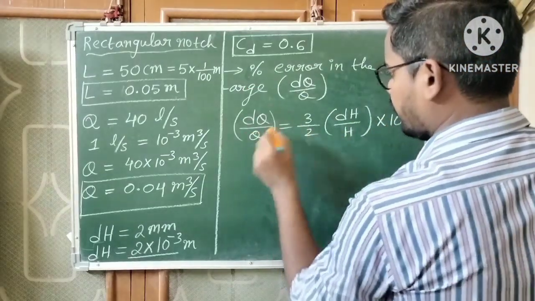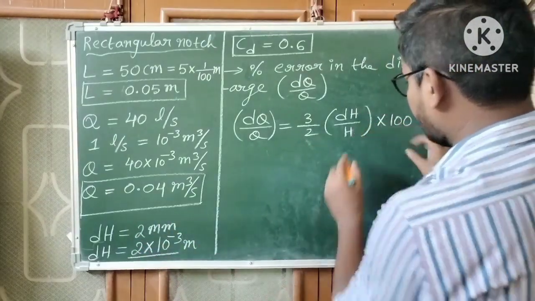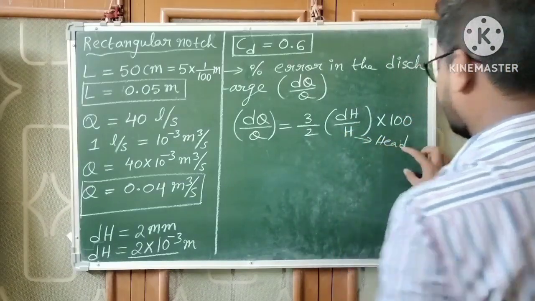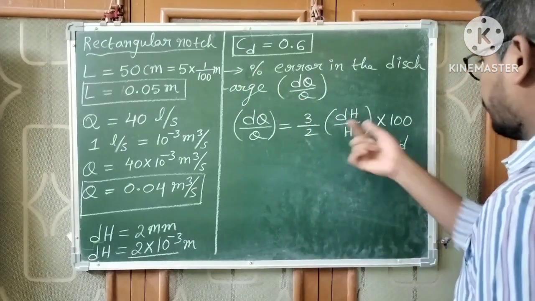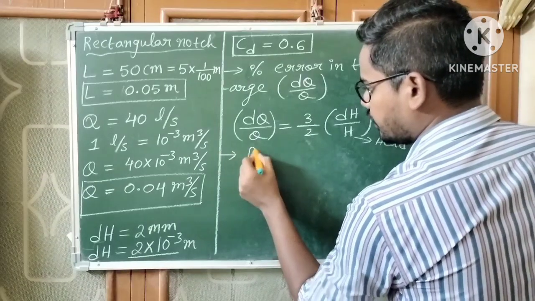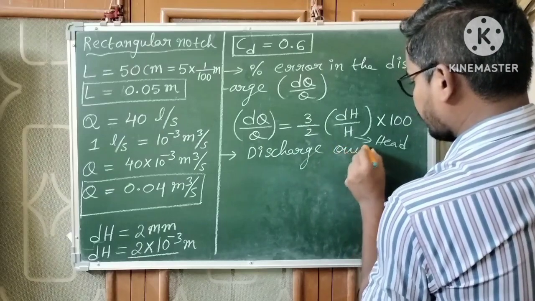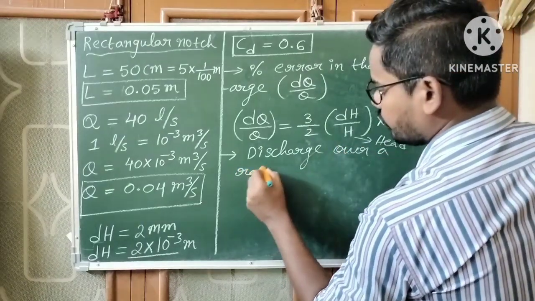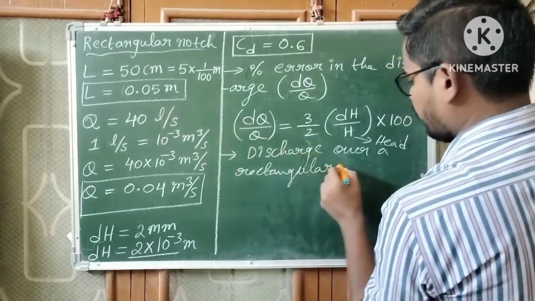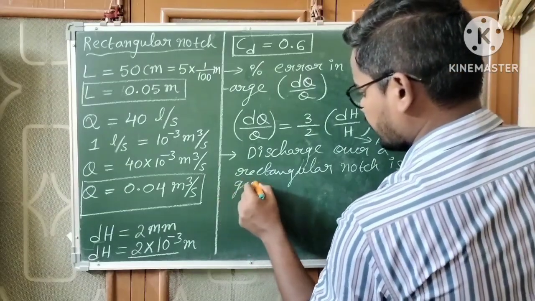Here dH is already given. The only unknown is H, the head over the rectangular notch. We need the H value. So how to find the H value? We have a formula for discharge over a rectangular notch.